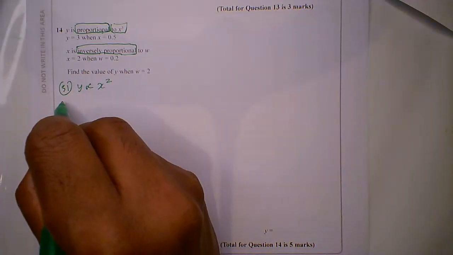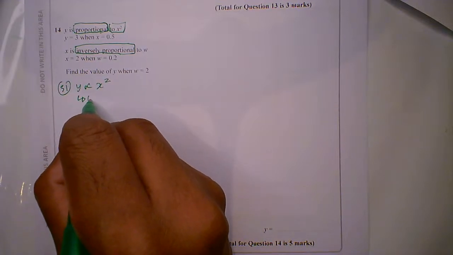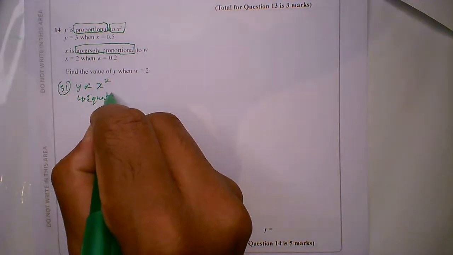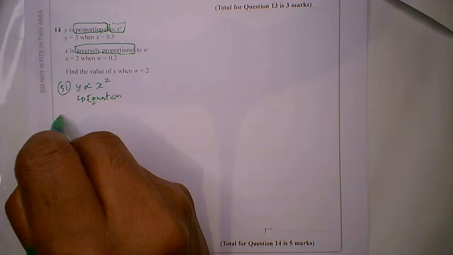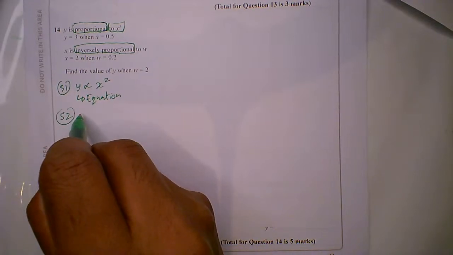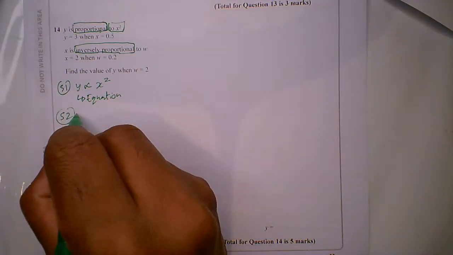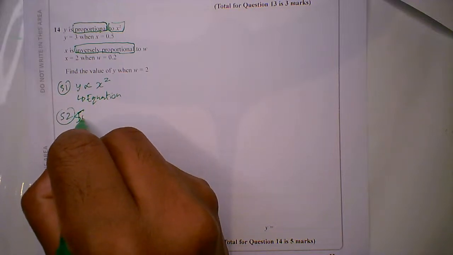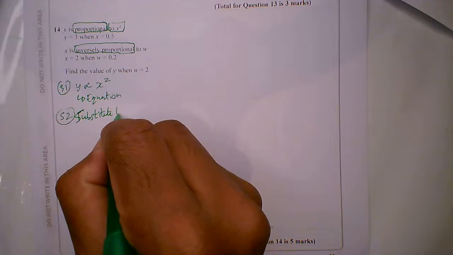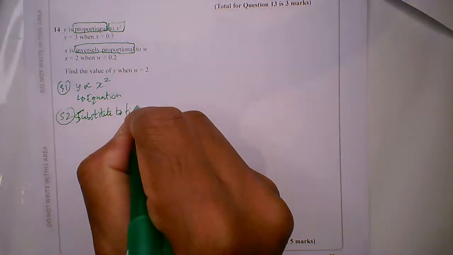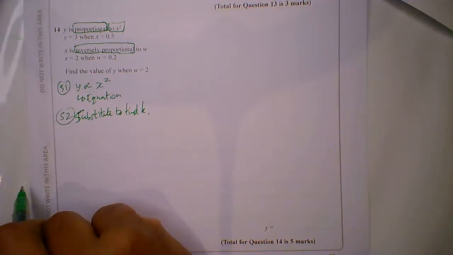So then I change this to an equation. And then step 2 is to find k, substitute and find k, the constant of proportionality.